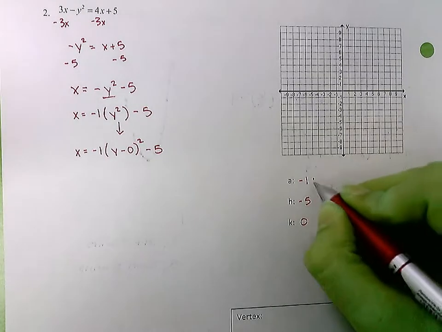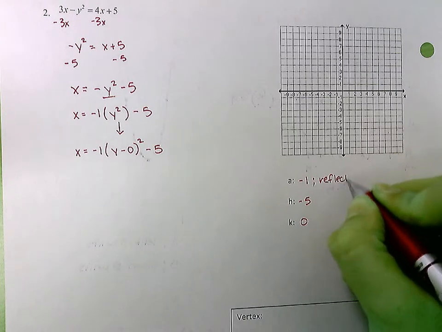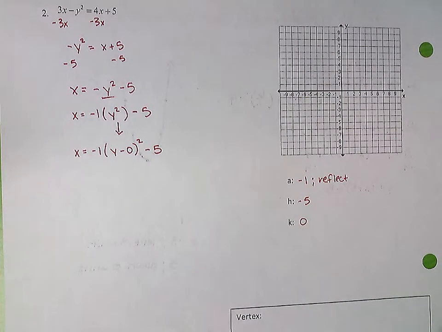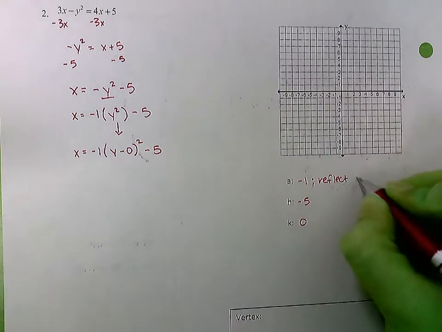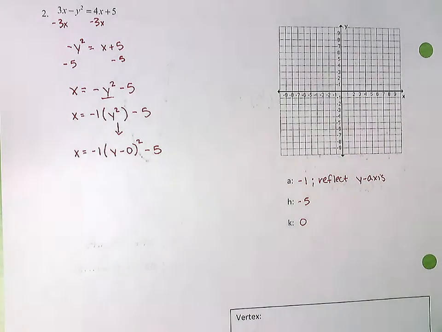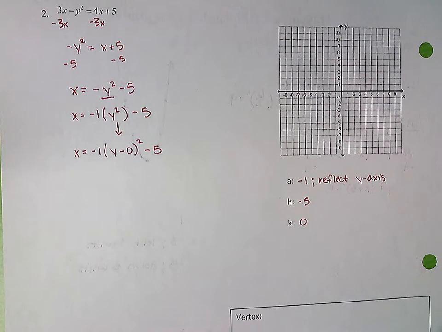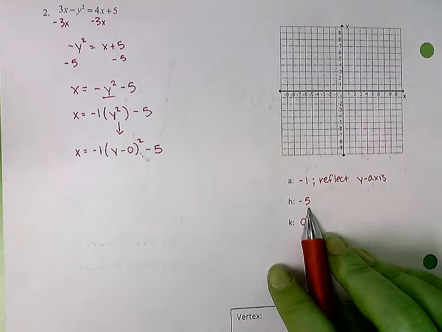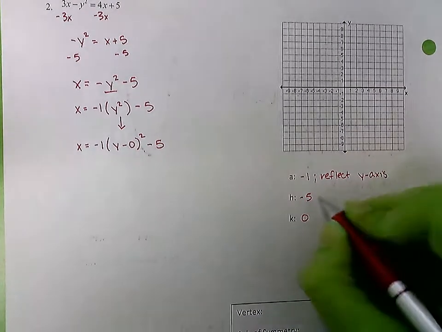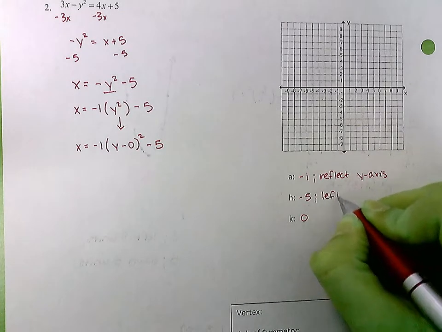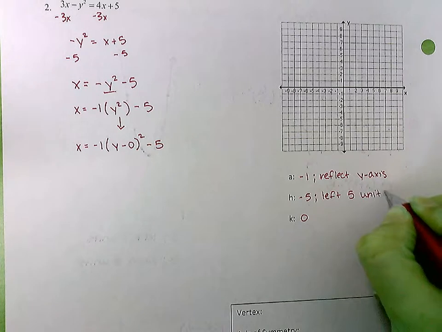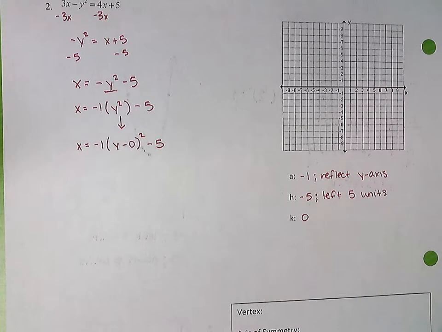That's going to reflect. It's going to reflect over the y-axis, because your parabola is opening to the right or to the left. It'll open to the left. H moves it left or right. So we'll go left 5 units. And this 0, we won't move up or down. So no movement up or down.